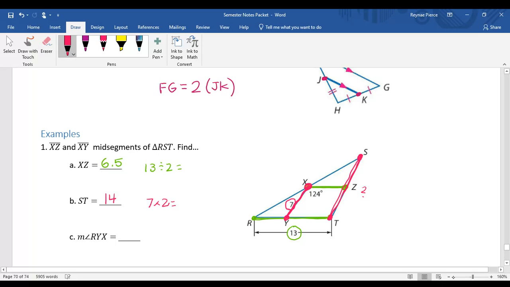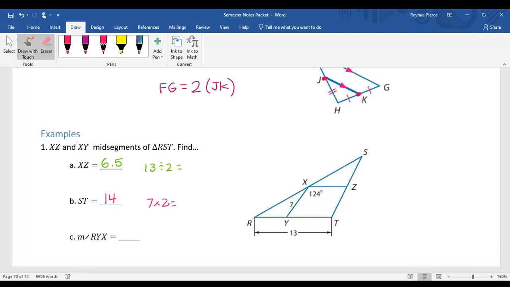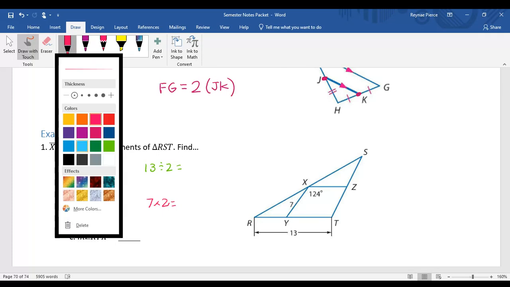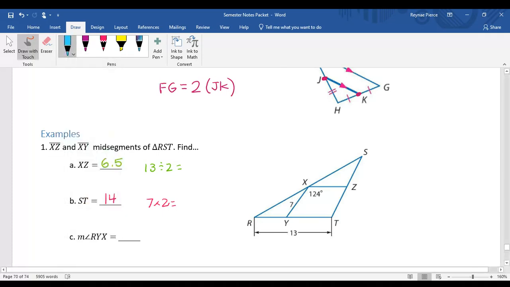All right, now I'm going to erase these line segments that I made because we're talking about some angles now. We want to know the measure of angle RYX. RYX is this angle that's right here. One thing that I think will continue to come back in this class is when lines are parallel.